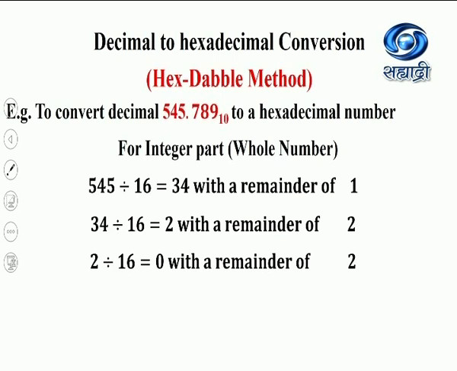By going through all these steps, we get the equivalent hexadecimal number for this integer part, taking the remainders in reverse order, that is from bottom to top. So the decimal number 545 is equal to 221 in hexadecimal form.